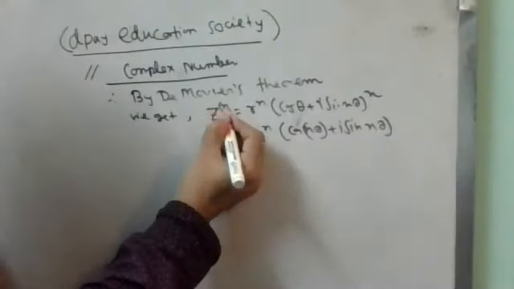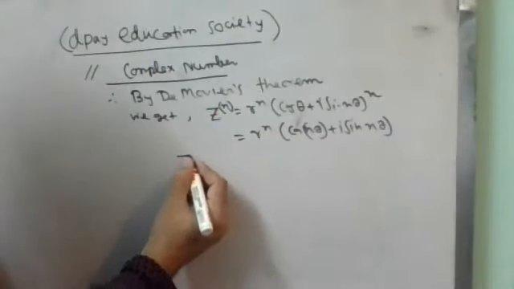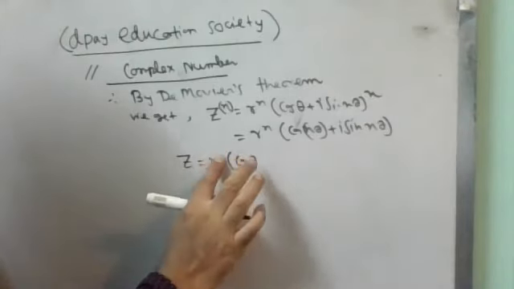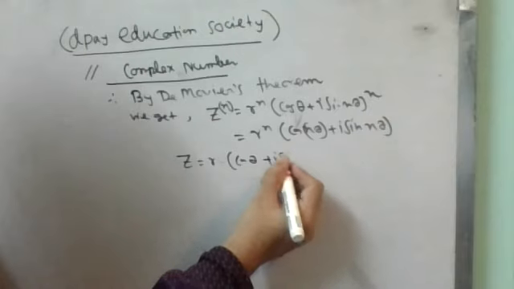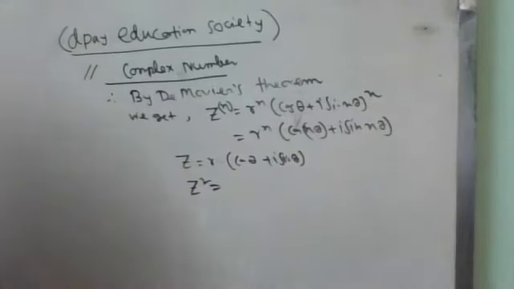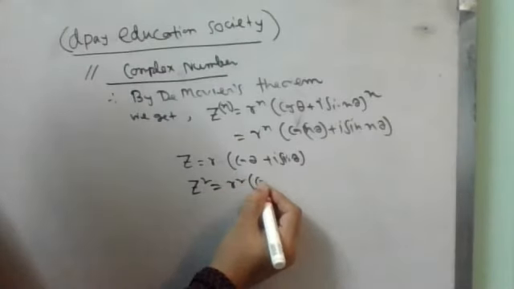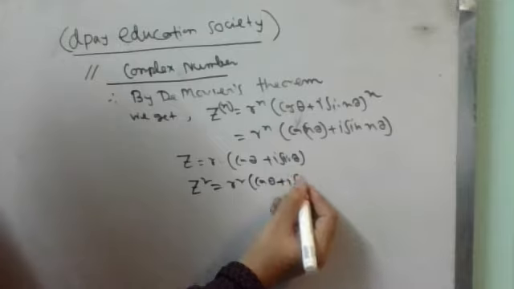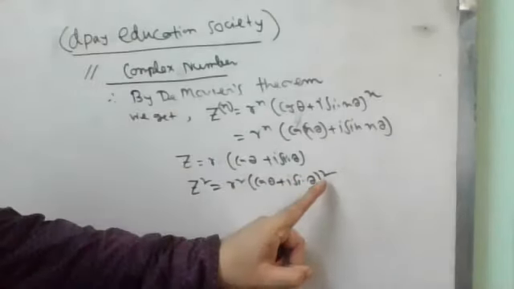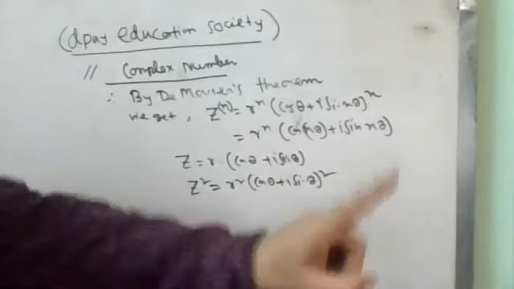So say z is equal to r (cos theta plus i sin theta). If you take the square on both sides, you get (cos theta plus i sin theta) whole square. In this case, you need not square it.